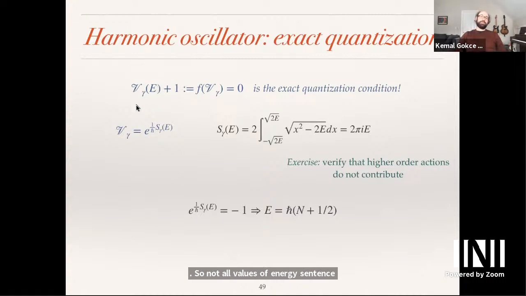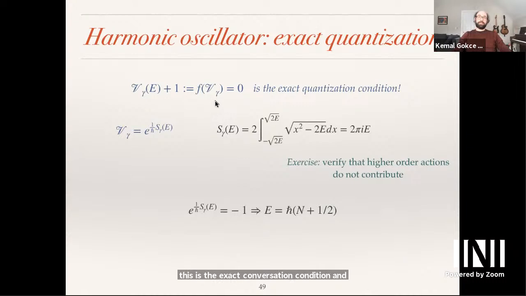Okay. So earlier, when I gave an overview, I said there are two parts, loosely speaking, of the exact WKB problem. One of them is to work out the Stokes automorphisms, and the other one is to find the exact quantization condition. This is the exact quantization condition.